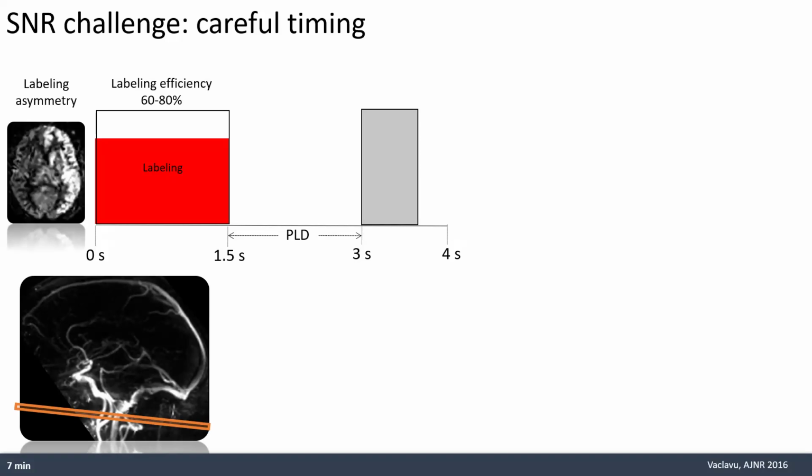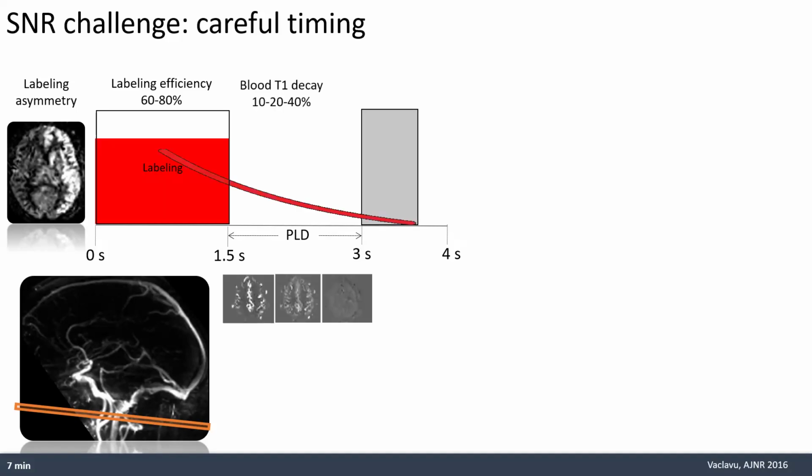So if you see a patient like this that is not hemiplegic, then this is a labeling asymmetry and not a neurological deficit. The way you label can give these artifacts, which I'll show tomorrow.